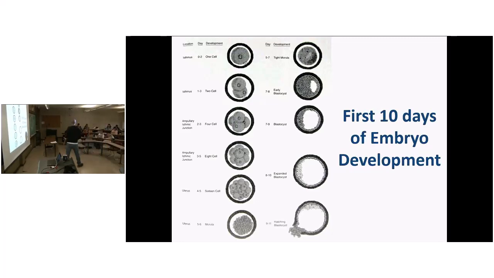Okay? The other cells here in the periphery, we call them trophectoderm, or trophoblasts, whatever you want to call them. You can hear different names depending on where you read. But this is the stuff that will give rise to the extraembryonic membranes, okay?